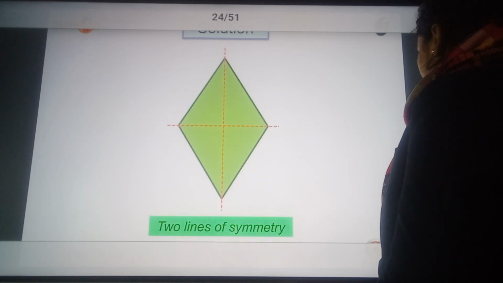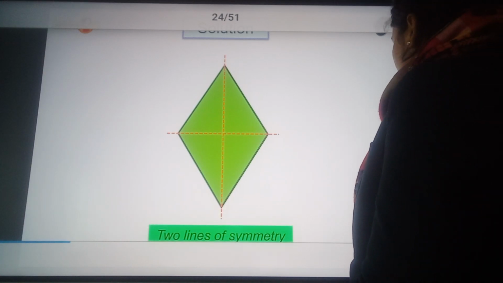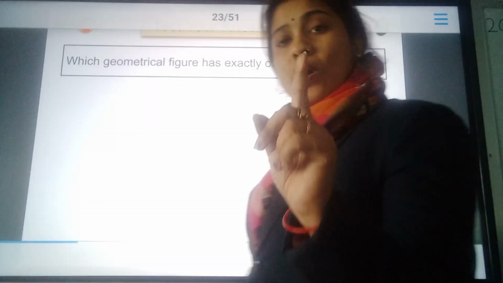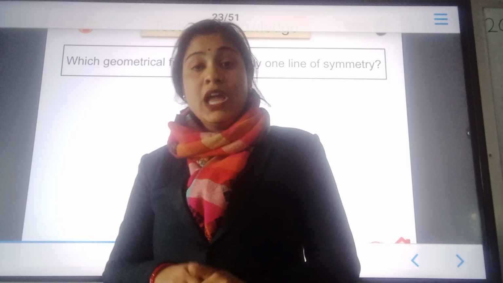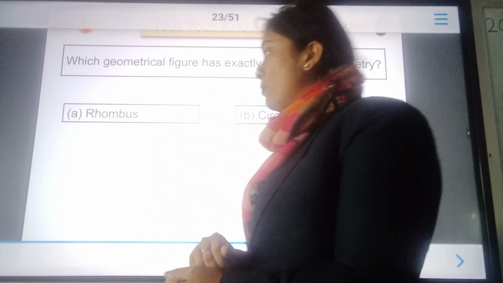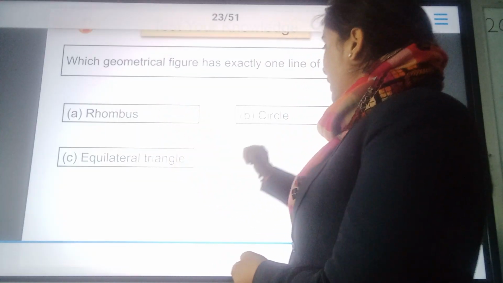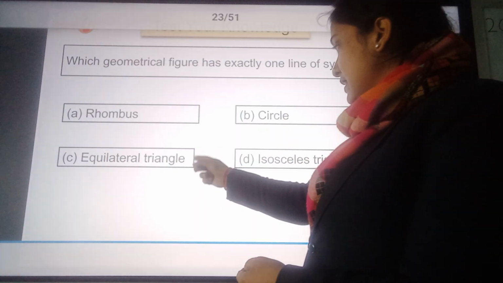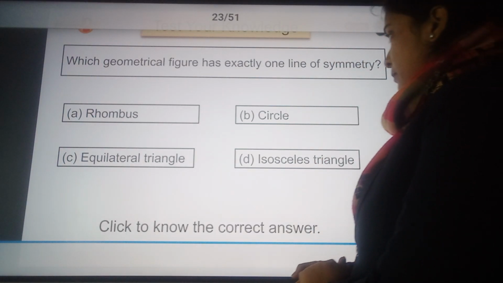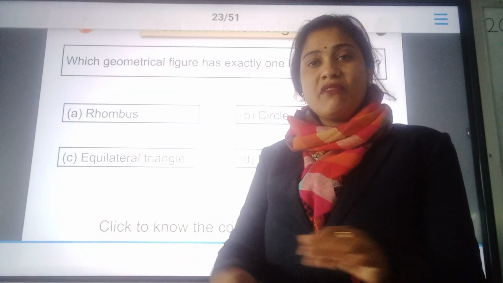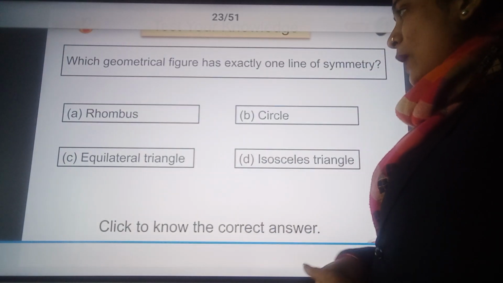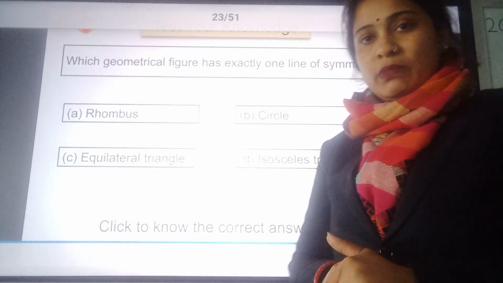Here again there is a question asked: which geometrical figure has exactly one line of symmetry? The options are a rhombus, a circle, an equilateral triangle, or an isosceles triangle. In a circle, we have infinite lines of symmetry. For an equilateral triangle, we have three lines of symmetry.